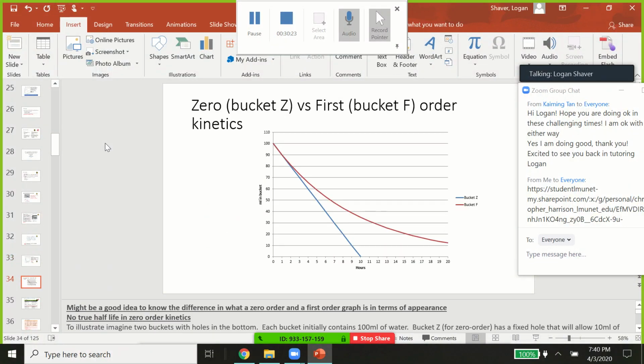Now here's this graph I was talking about, how you tell the difference graphically between the two. Zero order kinetics, like we've already mentioned, is going to be a straight line. And as you can see on here, it's a straight line, that blue line, right? While your bucket F here is first order.